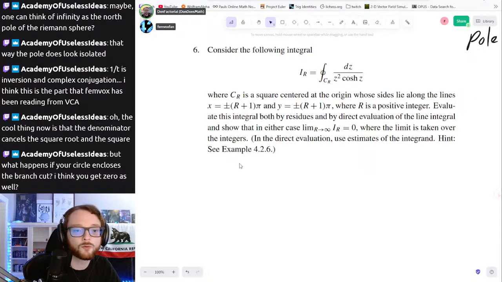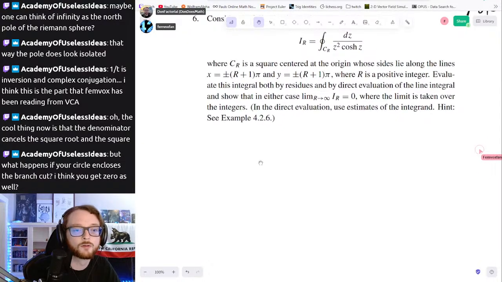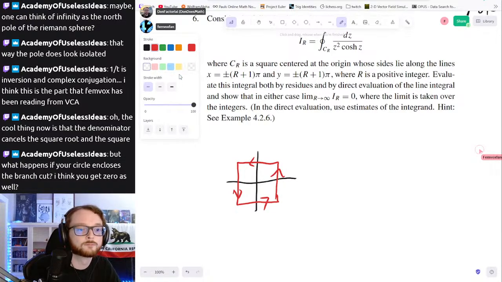Yeah, a square centered at the origin. One over z squared cosh z. Cosh.